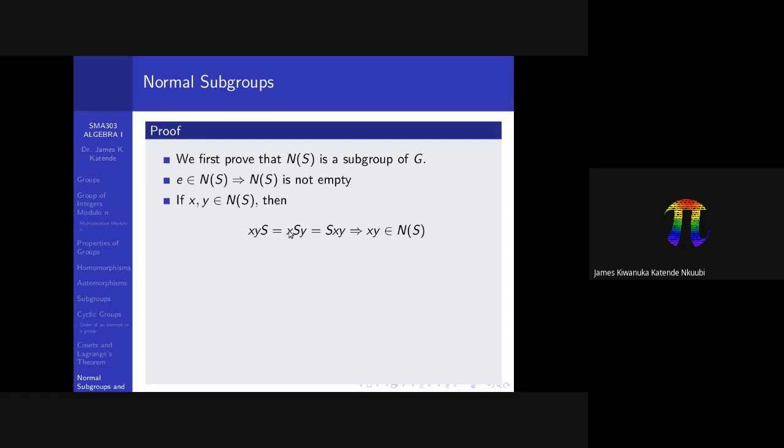And also, since x is also already in the normalizer, it means I can write xs as sx. Right? So I have xys is equal to sxy. And that condition means that xy, this product, is also in the normalizer because it commutes. xys is the same as sxy.